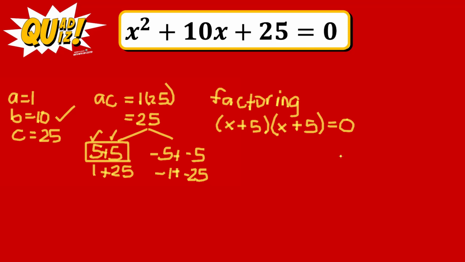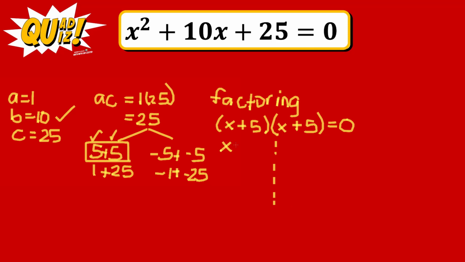For this kind of situation, before we proceed, we can see that both factors are just the same. This is because our quadratic trinomial is known to be a perfect square trinomial. It's considered to be a perfect square trinomial because it is a result of a binomial expression multiplied by itself. Just like this, we have x plus 5 multiplied to each other. So we can attack this actually in two different methods. I'm just going to use first the zero factor property, because this is what we usually do for factoring.